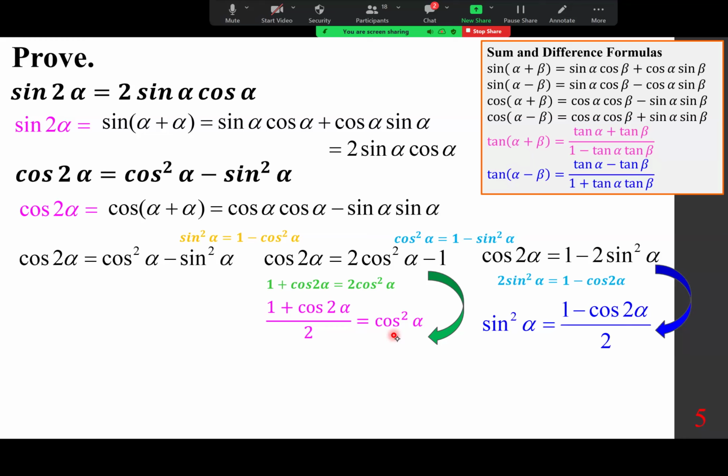And of course, we got the sine squared, we got the cosine squared. What is tan squared? Tan squared is sine squared over cosine squared. So if we divide this one by this one, I hope you recognize that this will be the numerator, this will be the denominator, and the denominator of 2 cancels out.